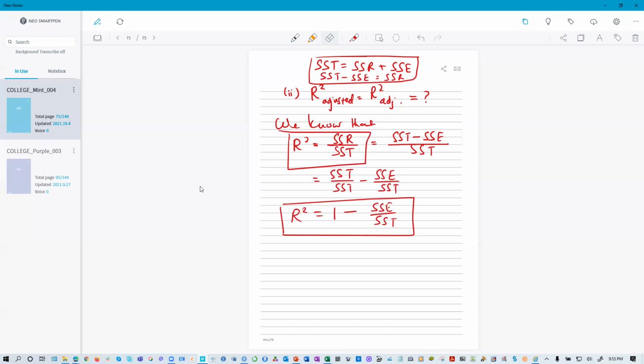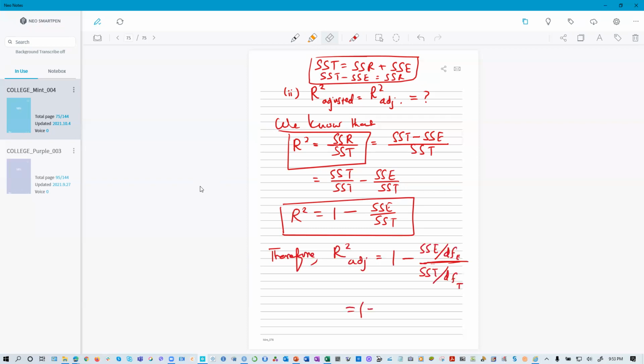Now what am I going to do? Therefore, R squared adjusted means I'm going to adjust this one like this. I'm going to divide this guy by its own degrees of freedom, the error degrees of freedom. In a similar fashion, sum of squares total I'm going to divide by its own degrees of freedom.